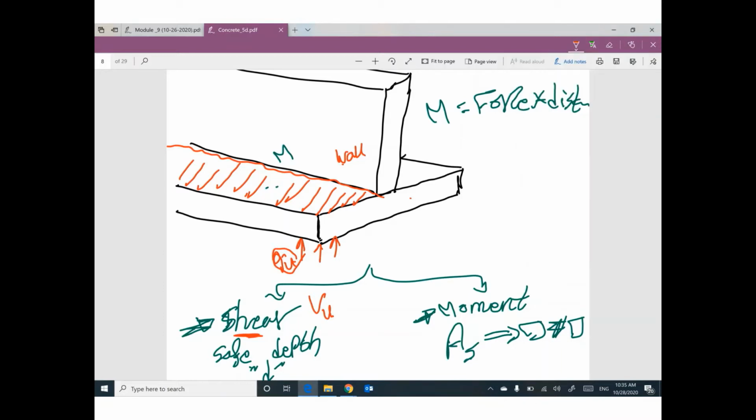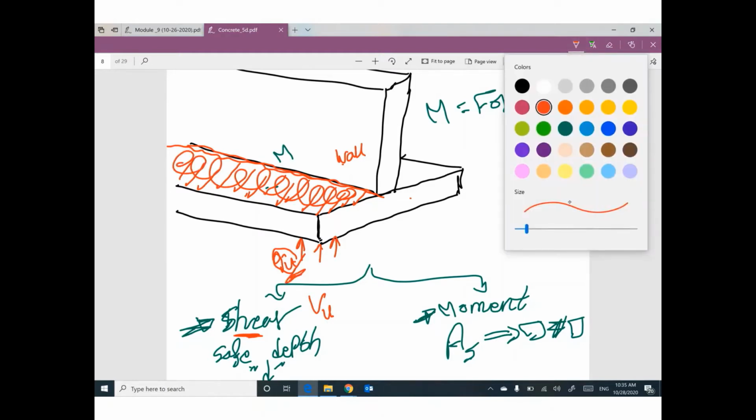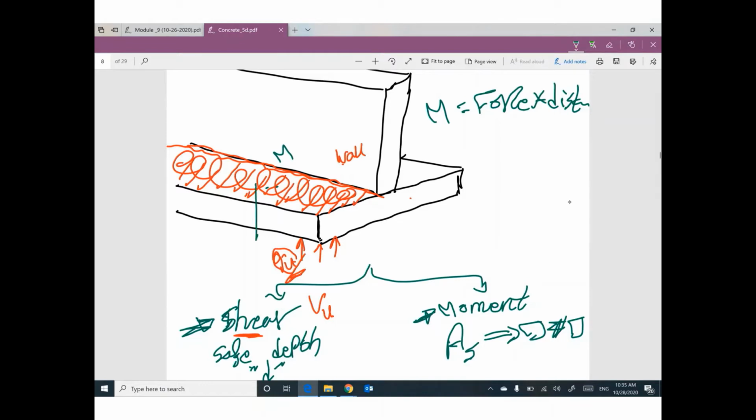So critical section for moment is at the face of the wall. If you multiply this area by Q ultimate, area times pressure will give you a force. Here is the force. And this force is at the centroid of the area. So we have a distance here. If you multiply this force by this distance, you can get the moment value.